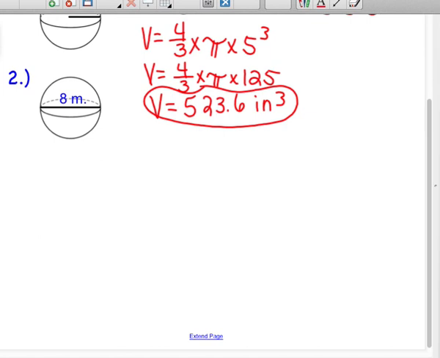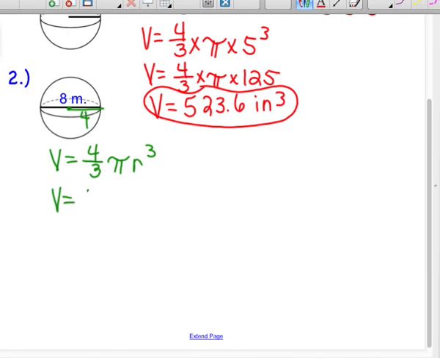Problem number 2, they are showing a diameter. So you better be on your toes here and realize that the radius is not 8. The radius is actually 4. So here comes the formula. 4/3 times pi times r to the third power.